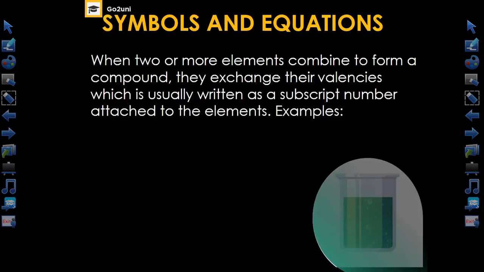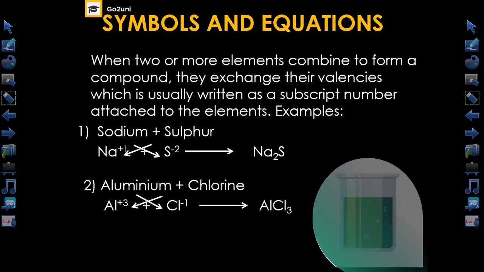Okay, away from radicals, we shall now be looking at what we call symbols and equations. This will help us to know the usefulness of the valences of elements or radicals, which we just talked about. When two or more elements combine to form a compound, they usually exchange their valences.